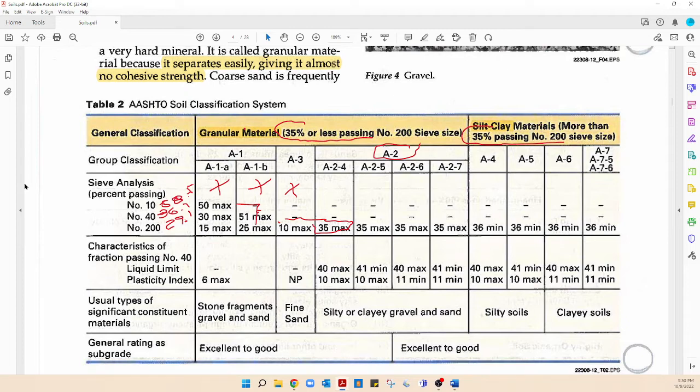So this is little bitty stuff here. These are very, very small particles, and these are all over in this neighborhood over here, like say here.